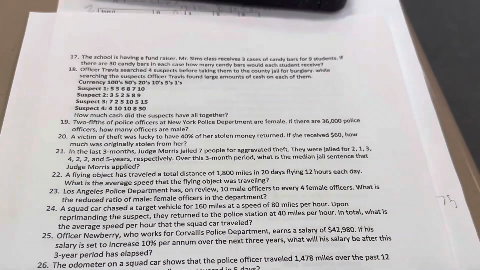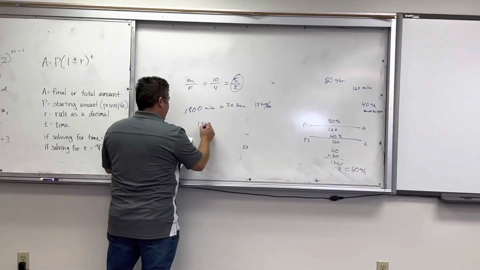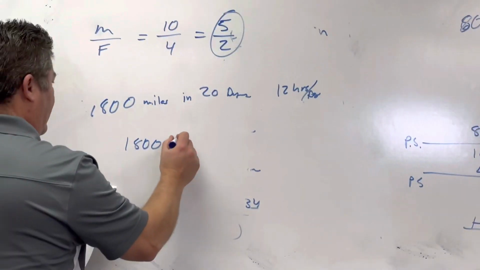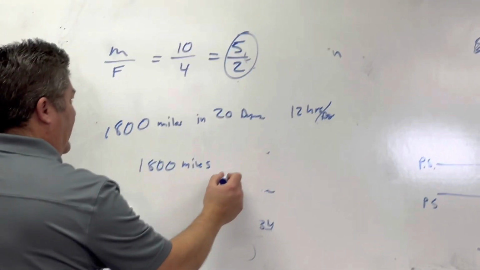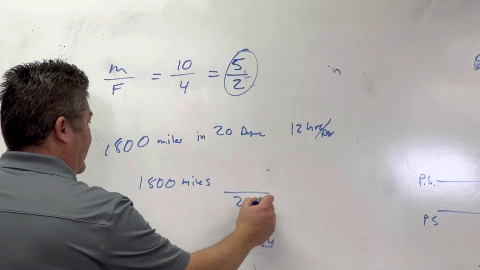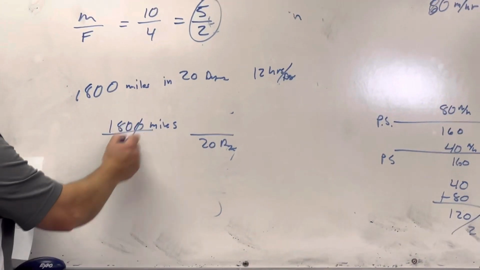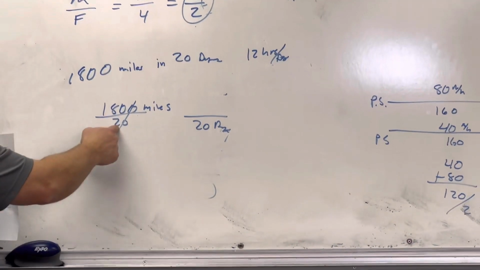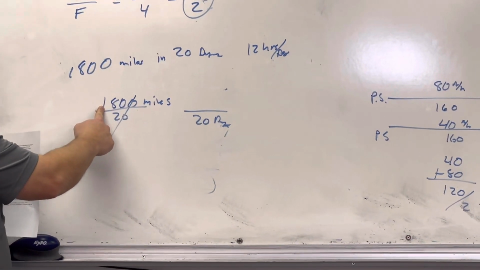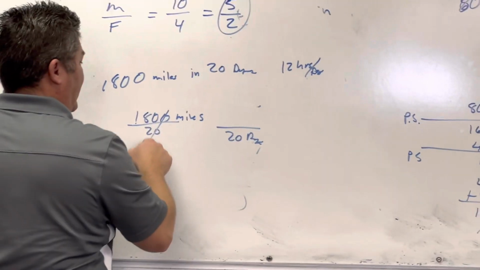Okay, so I have 1,800 miles in 20 days. This will be miles per day. So I want to divide 1,800 by 20. I just reduced that. 2 goes into 18 how many times?